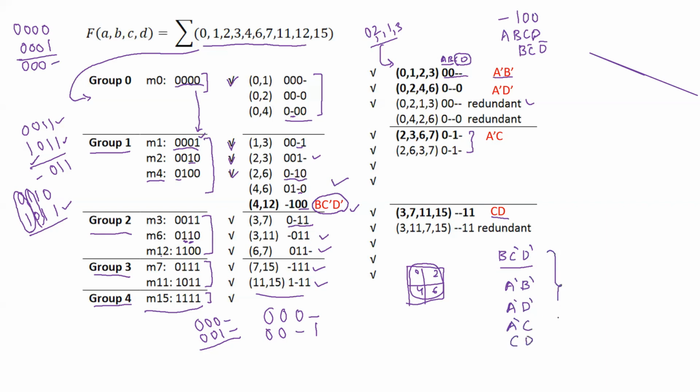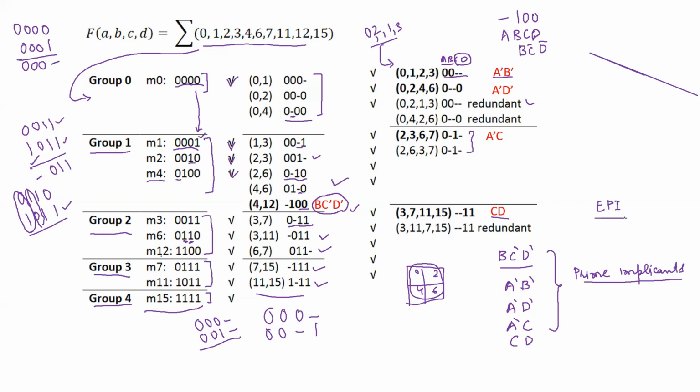So all of them are your prime implicants. And we know that prime implicants are not the minimized version. To get the minimized version, we should look for EPI, essential prime implicants.